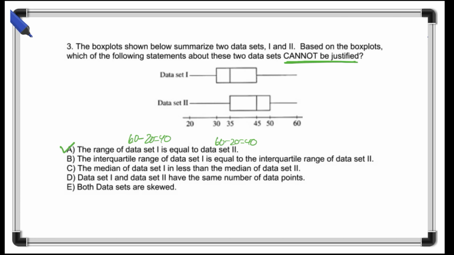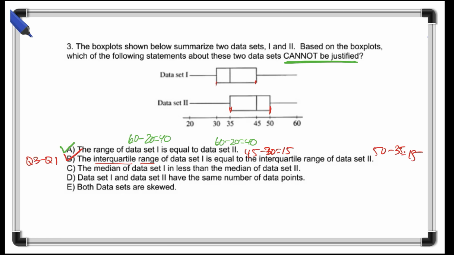So for letter B, the interquartile range, that is Q3 minus Q1. So for data set 1, that is 45 minus 30, which is 15. And then for data set 2, that is 50 minus 35, which is also 15.